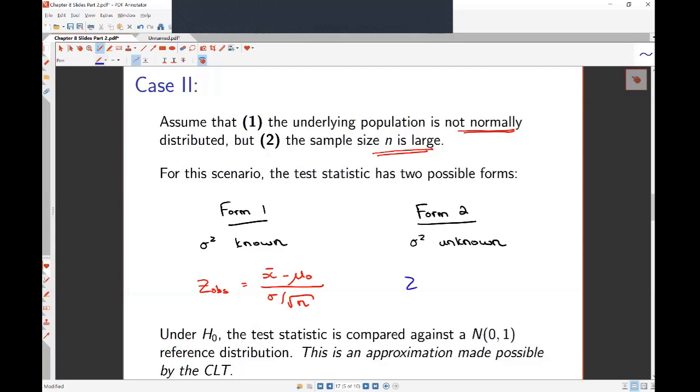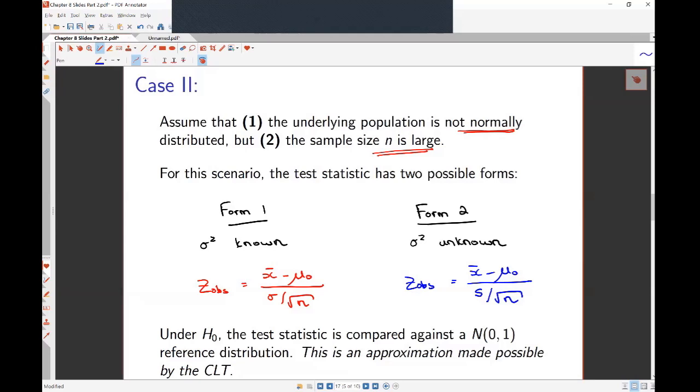And the formula for z observed now becomes x bar minus mu naught, and because sigma is unknown, you replace it by s, your sample standard deviation. But that's the only change to the formula. So fundamentally, not a whole lot changes, right? Because we're taking a population quantity that's unknown and replacing it with an estimate from our sample.